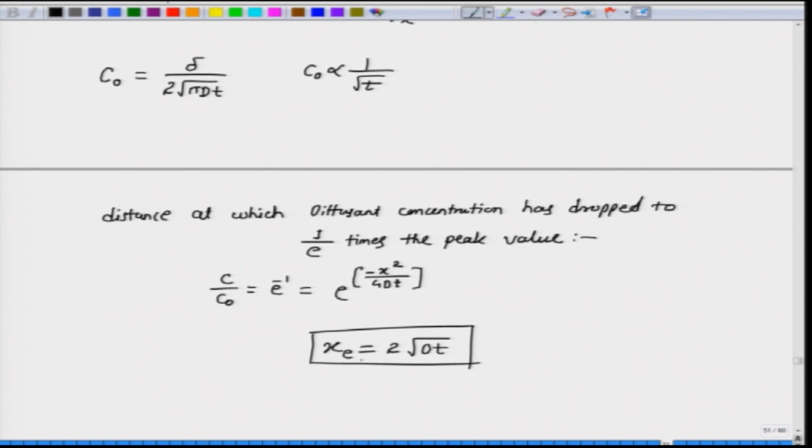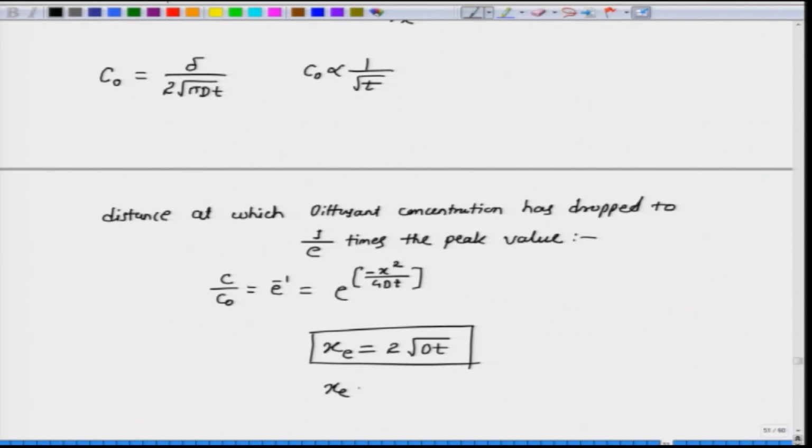So, if we follow this plane at which concentration is 1 by E times the maximum concentration, that is moving as a function of square root of time. That means, the diffusant is spreading inside, at the same time the maximum concentration is decreasing. Clear?